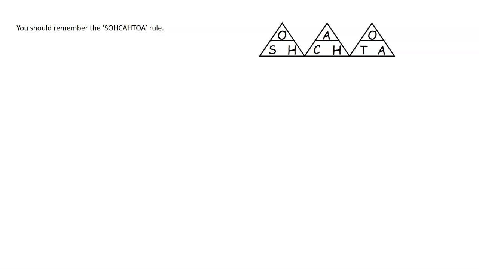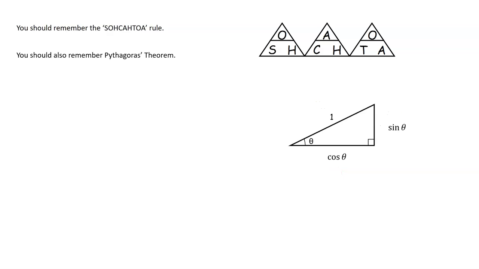You should recall SOHCAHTOA from when you first started learning about trigonometry. In this triangle, where I've got an angle theta and my hypotenuse is 1, this opposite side is 1 times sine theta, or sine theta. My adjacent side is cos theta. You should also remember Pythagoras' theorem, which states that a squared plus b squared equals c squared, where c is the hypotenuse and a and b are the other two sides of a right-angled triangle.